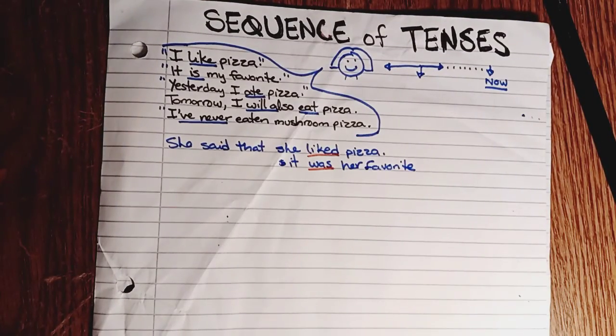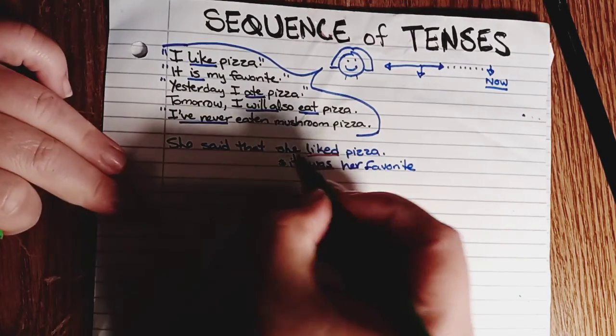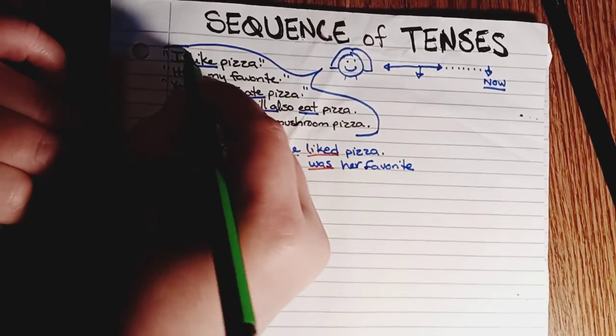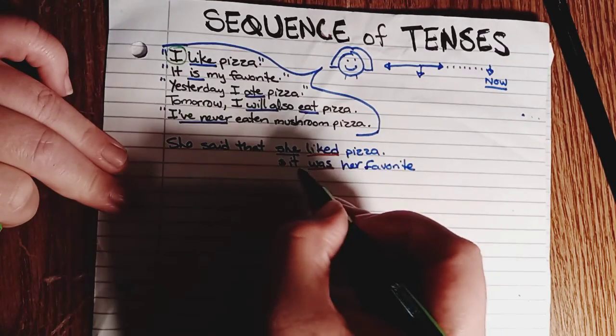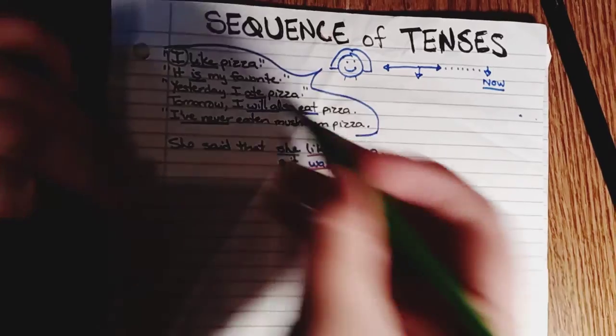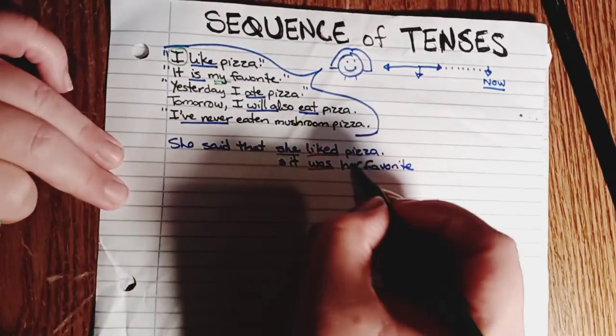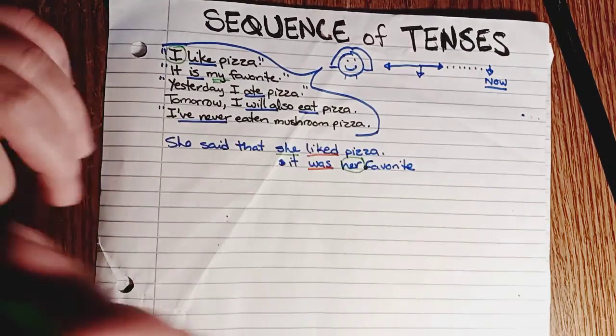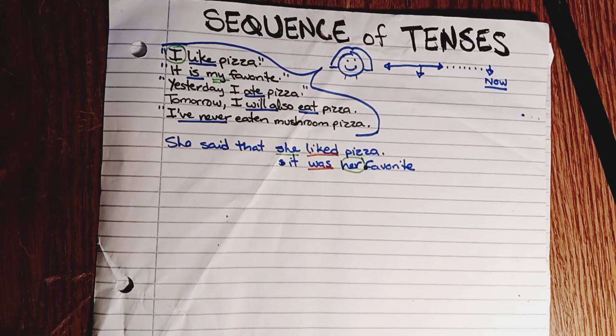There are other things that we change. We change the pronouns. As you see here, she's talking about herself, and here we have to change it to she, or her, instead of my, because she's the one that's talking, not us who are repeating the information.